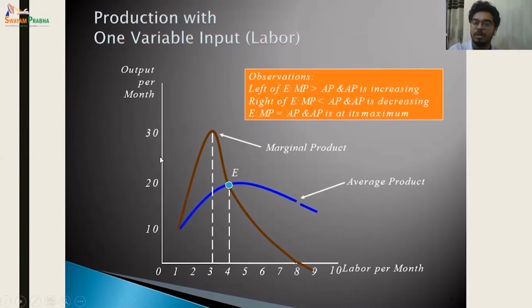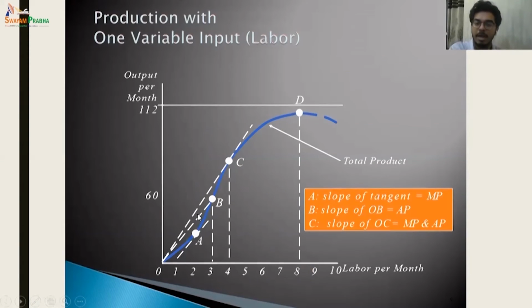If we plot the average product over here and marginal product over here, we see that after the third unit where they reached 60, the first unit, the marginal product was 10, the second unit it was 20, the third unit it was 30.